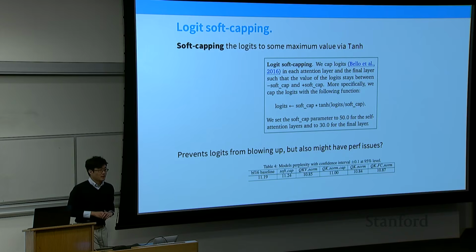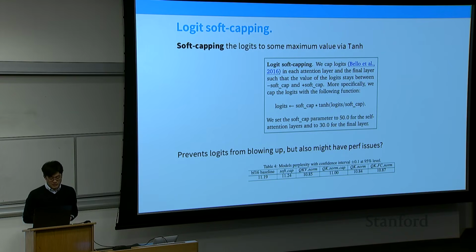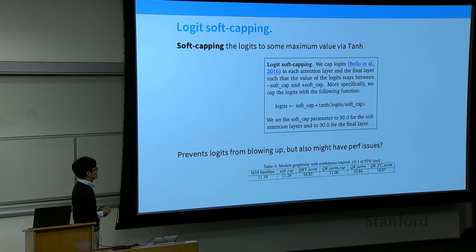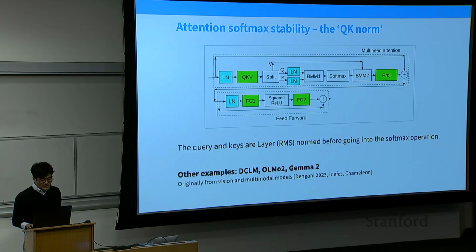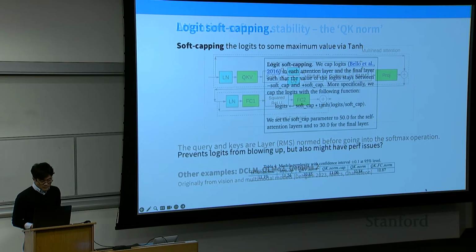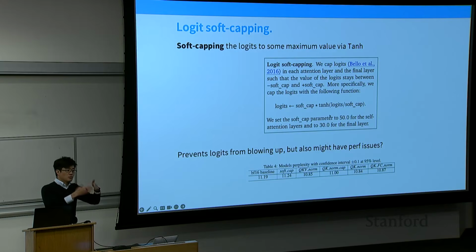The last trick that I'll note, I think this one has not quite as frequently been used, which is to soft cap the logits that go into the softmax. So QK norm is in some sense a very heavy-handed intervention because we're going to operate over the entire vector. But one thing you could do is after you take the inner products for self-attention, you could pass them through a kind of soft maximum operation.